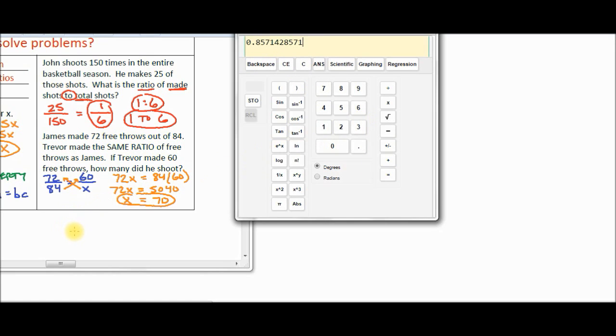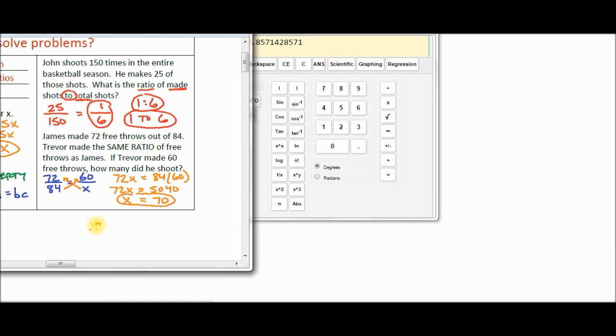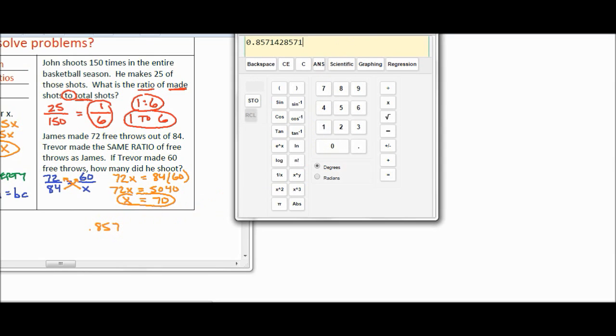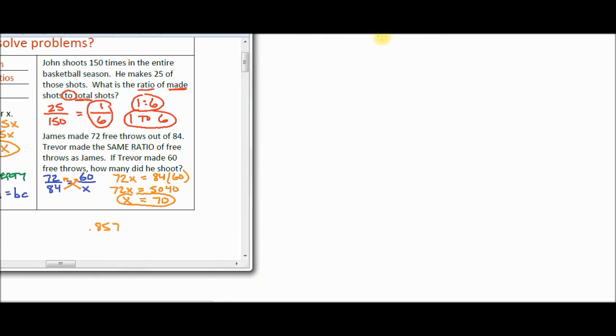So I'll put a little note here on this one, 0.857. Let's take a look now at Trevor's free throws. He made 60 out of 70 attempts, so 60 divided by 70. And his ratio, take a look, 0.857, the exact same as James. So that just verified that x is equal to 70.